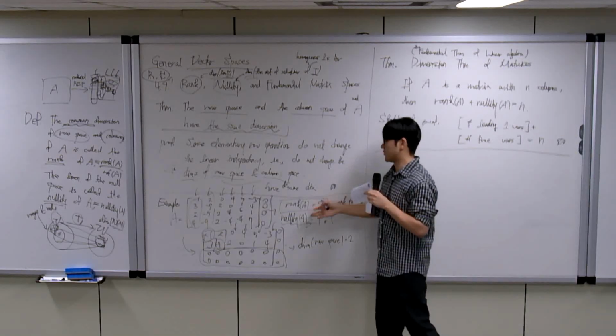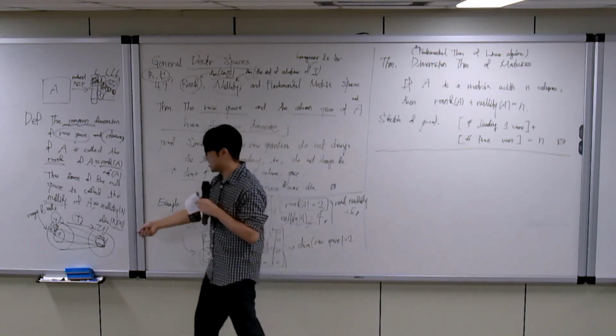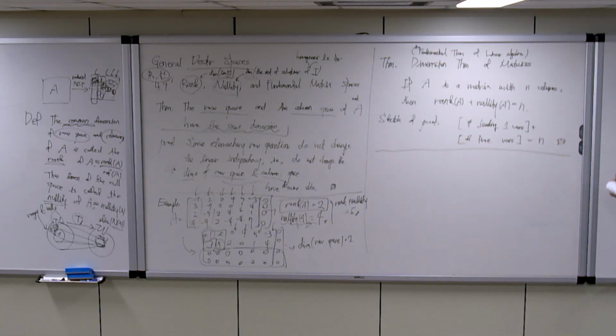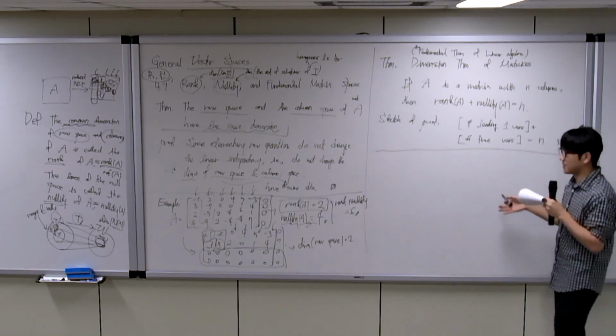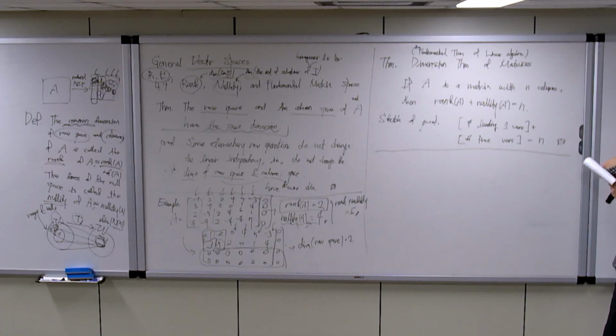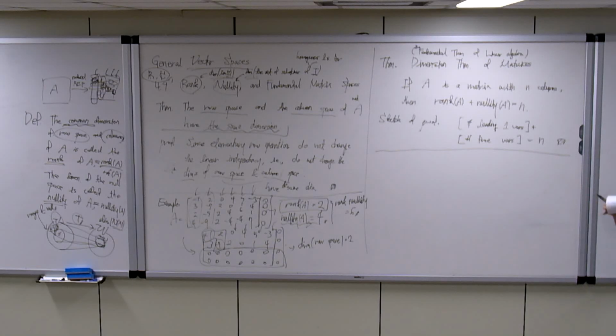Calculating the rank is just calculating the dimension of the image of the linear transformation. You can get the value of the rank, and in this sense you can get the nullity as well, although you do not calculate it exactly.